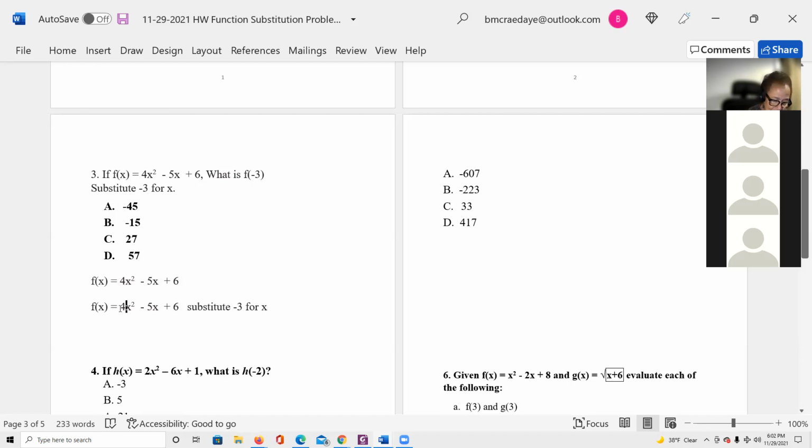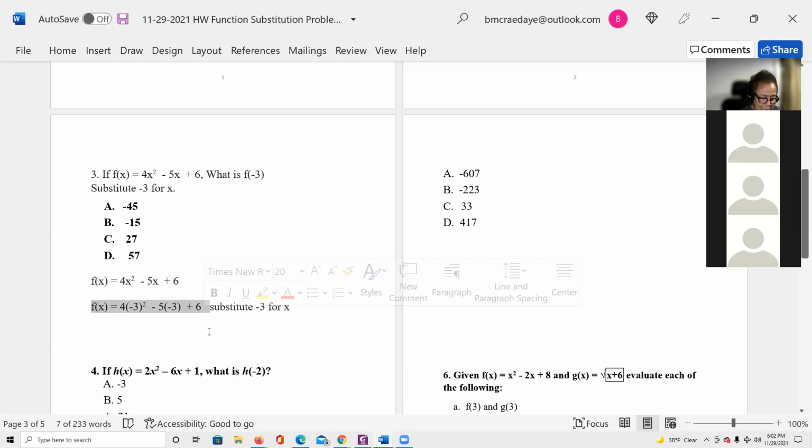f(x) equals 4, so we put it there, right? Minus 3, we put it here, minus 3 squared, minus 5. What is that equal to?